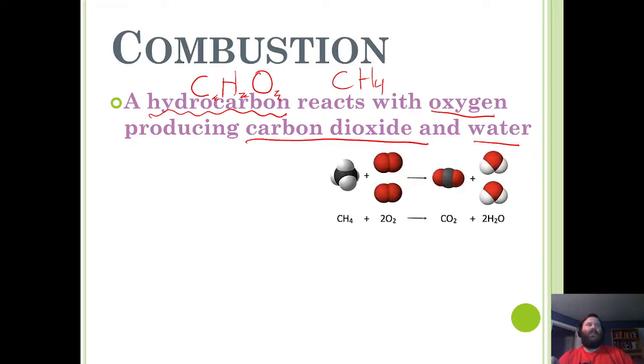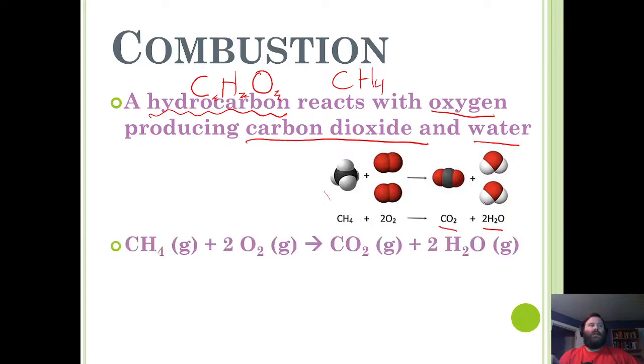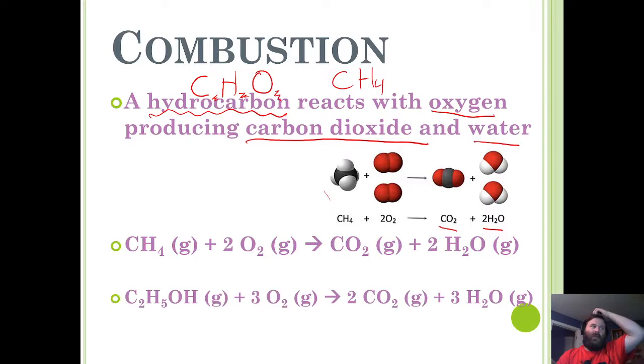All right, so here's an example. Got methane reacting with oxygen to create carbon dioxide and water. Right, and there's our written out equation. And here's another one where our hydrocarbon has an oxygen in it. Okay, this would be ethyl alcohol, I believe.